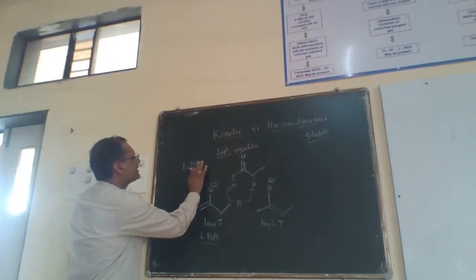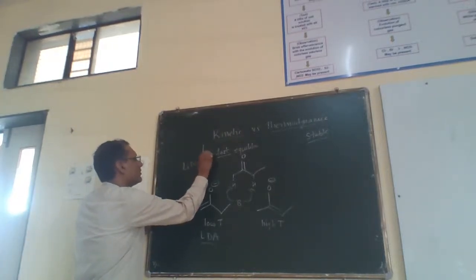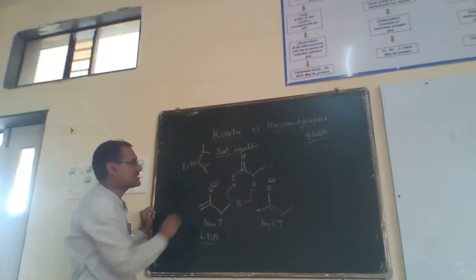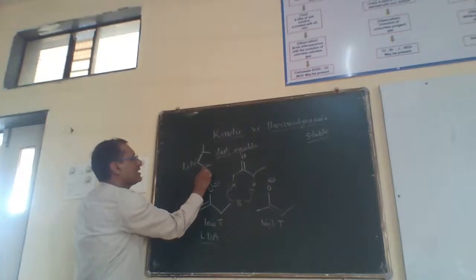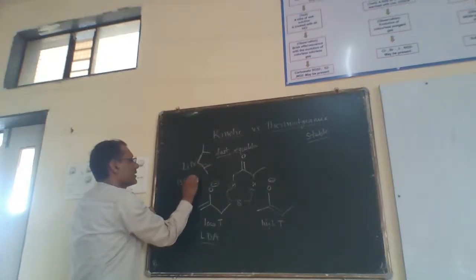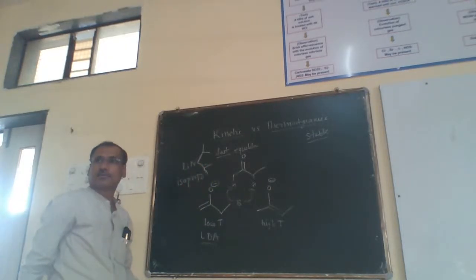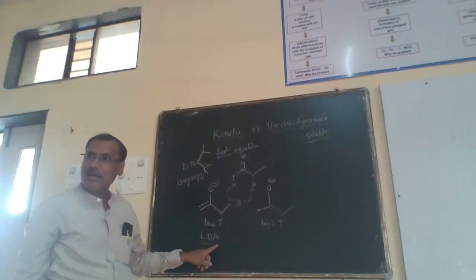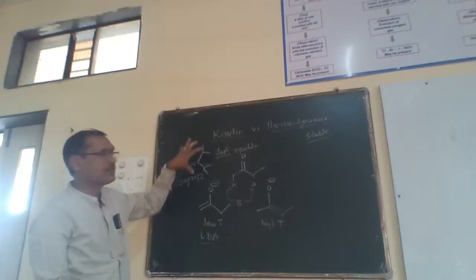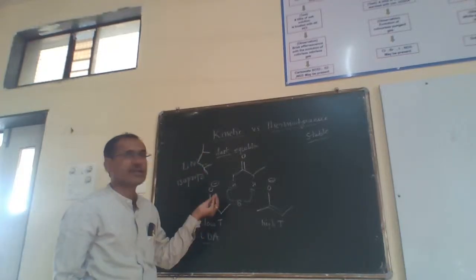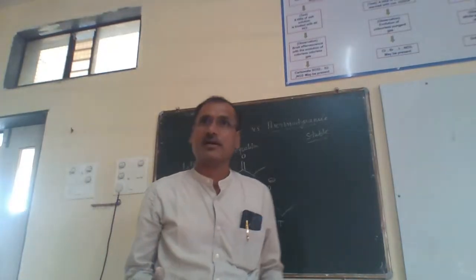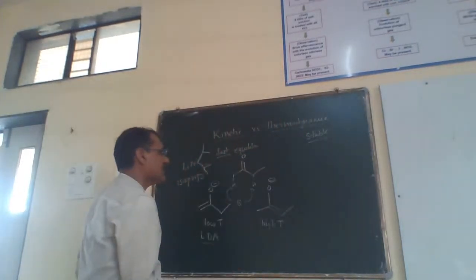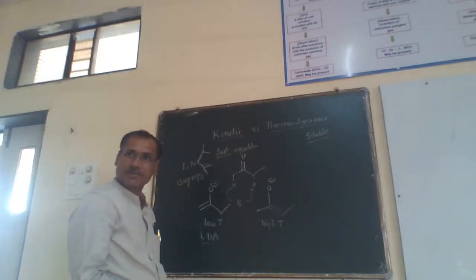Now if I replace these two hydrogens by isopropyl group, it becomes lithium diisopropyl amide. ये अब इसका बल्क बढ़ गया ना, ये बल्क बढ़ने की वजह से ये क्या करेगा, काइनेटिक इनोलेट फॉर्म करेगा. ओके, now this can again be explained very nicely, why low temperature and high temperature favor this.